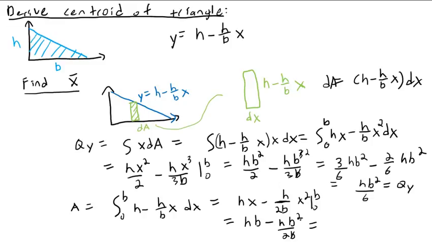So that becomes just a b instead of a b squared. So I get h b minus h b over 2, or the area is simply equal to h b over 2.